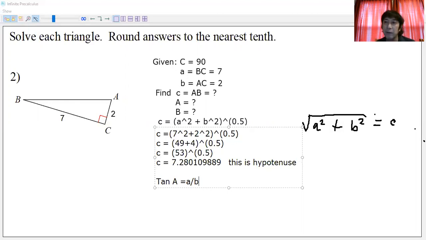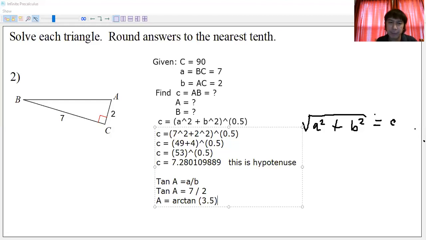Tangent of angle A is equal to side A over B. So side A is 7, side B is 2, and this will continue like 7 divided by 2. And so we're going to get the inverse tangent. Inverse tangent means you're going to determine the angle. So you will have to write it this way: angle A is equal to arc tangent of 3.5, that's 7 over 2.